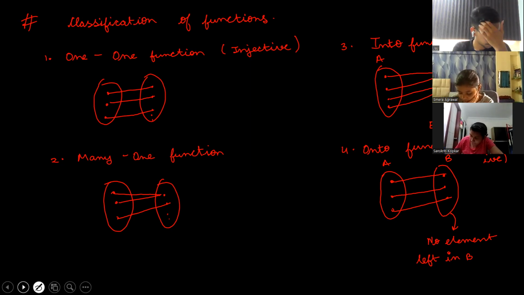Done. Write one note. 1 1 and onto functions. 1 1 and onto मतलब दोनों conditions they have to satisfy.